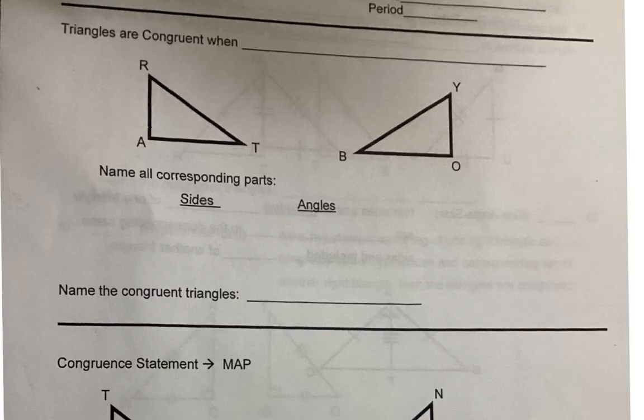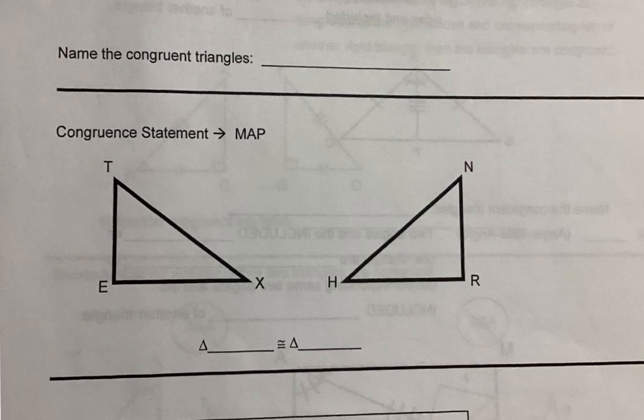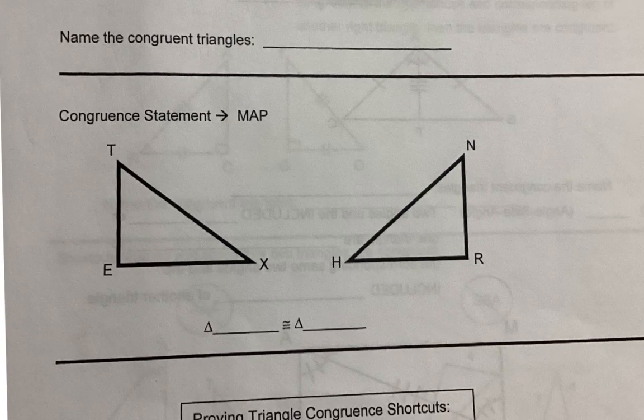I'll show you how to write the congruent statement, because in order to show something is congruent, really all we're going to do is those six things we just talked about, the three corresponding angles and the three corresponding sides.